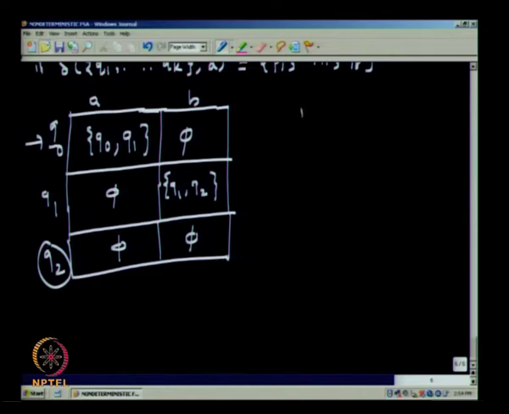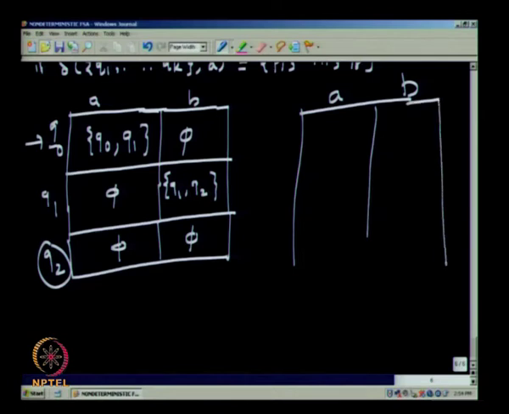Now, converting into the deterministic diagram, you have the same number of columns, one corresponding to A, one corresponding to B. The initial state is Q0. So, from Q0, after reading A, what can be the set of states in which you can be? Q0 or Q1. So, this will be [Q0, Q1].